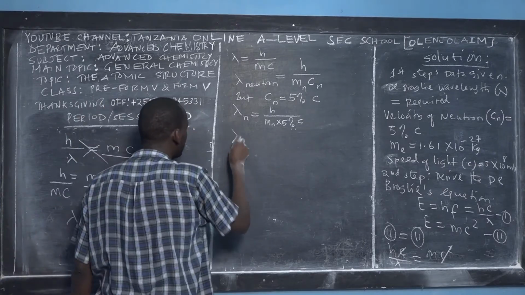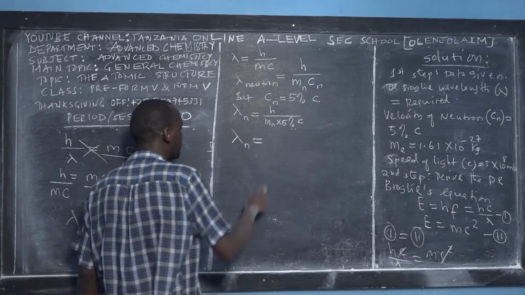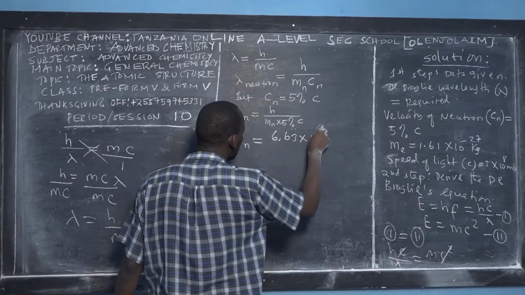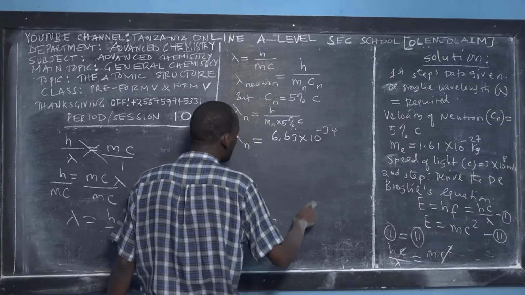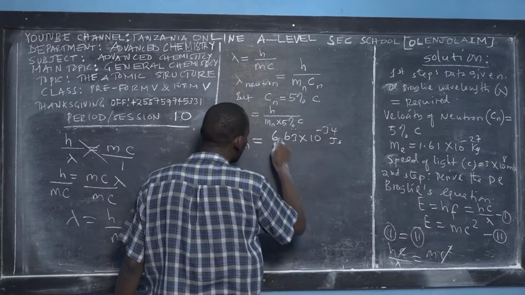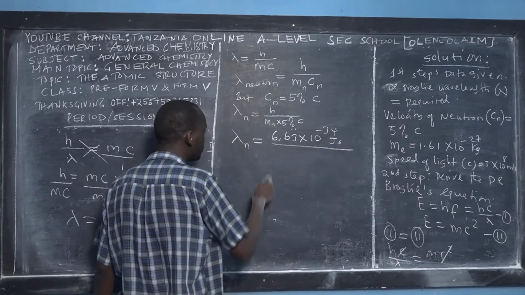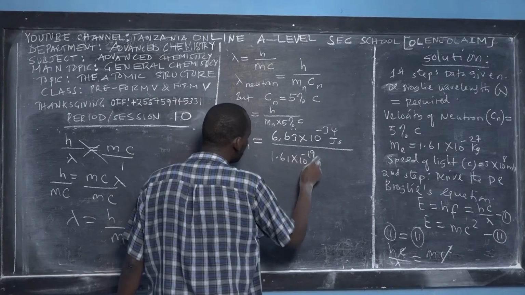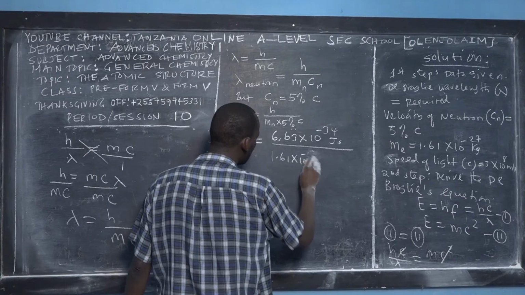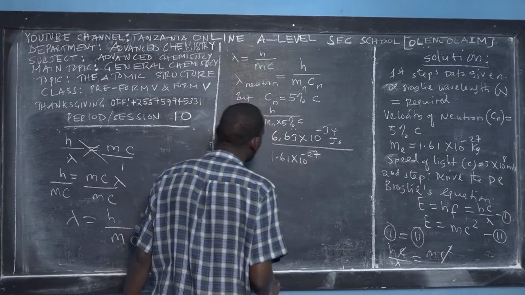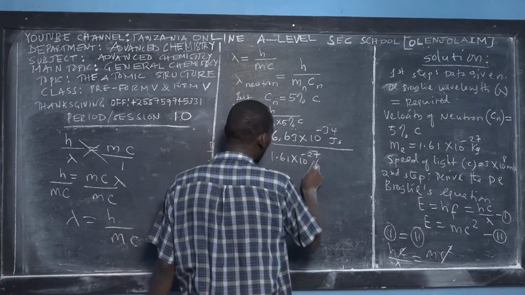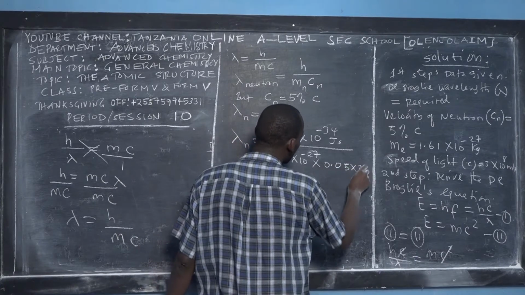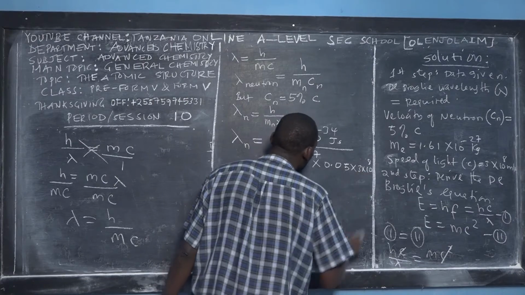So the wavelength is equal to Planck's constant, which is 6.63 times 10 exponent negative 34 joule seconds, divided by the mass of the neutron, which is 1.61 exponent negative 27, then multiplied by 5%, which is 0.05, times the speed of light, which is 3 exponent 8.